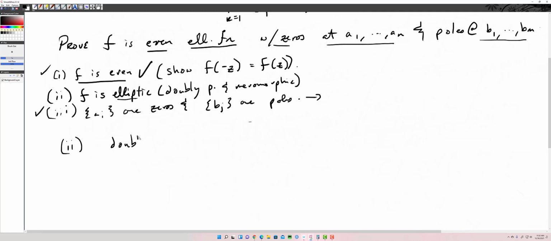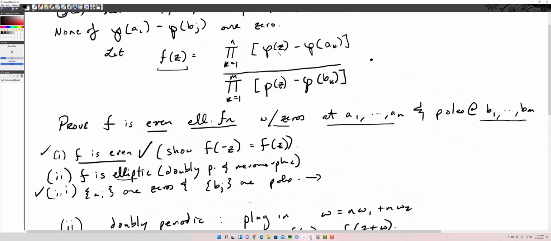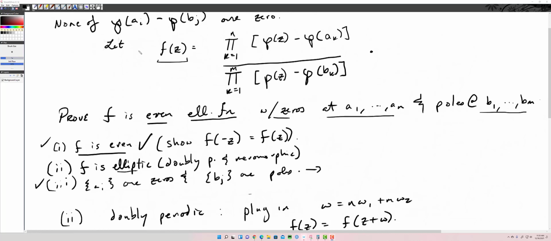Doubly periodic. You just plug in some value, some omega equals n omega 1 plus m omega 2, and you'll see that f of z does in fact equal f of z plus omega. This should be pretty clear because these p functions are doubly periodic.